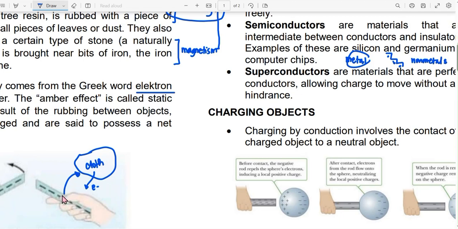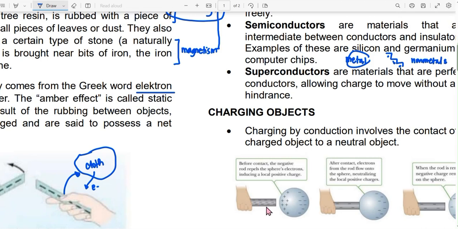That's why it became negatively charged. So expect the cloth to be positively charged, since it lost electrons. That's how ions are formed. So same concept.